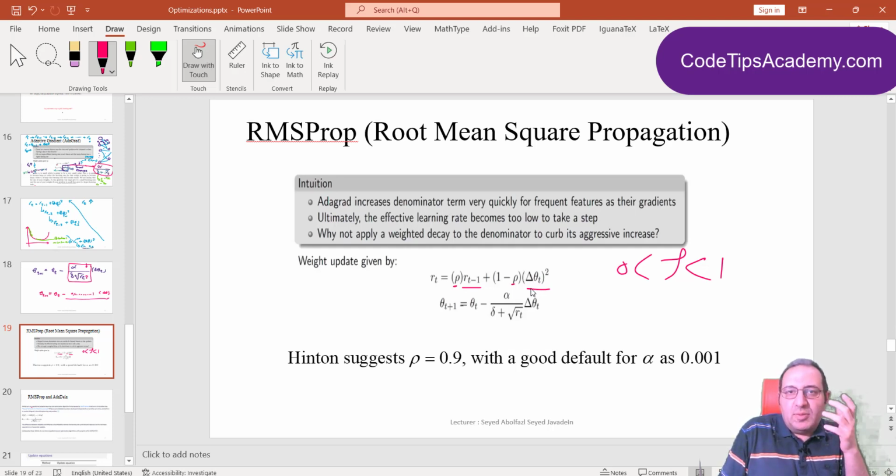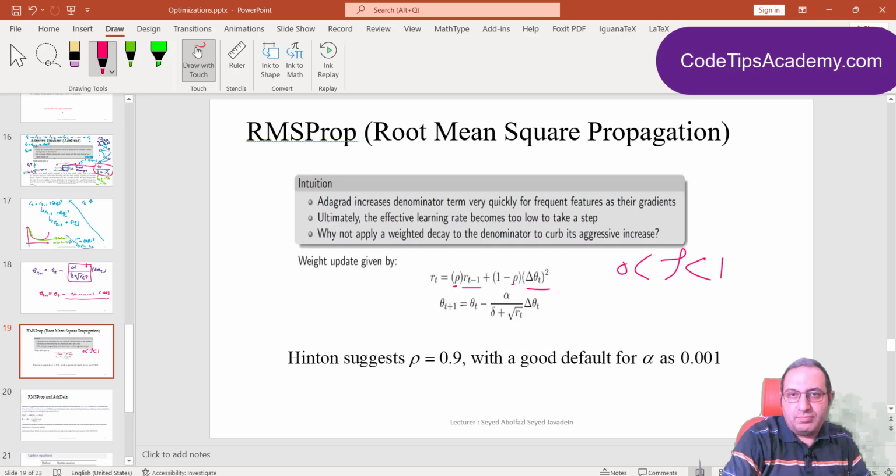That will help us to not have a vanishing gradient here, and we can use this idea to escape from vanishing gradient. Okay, what does this mean?